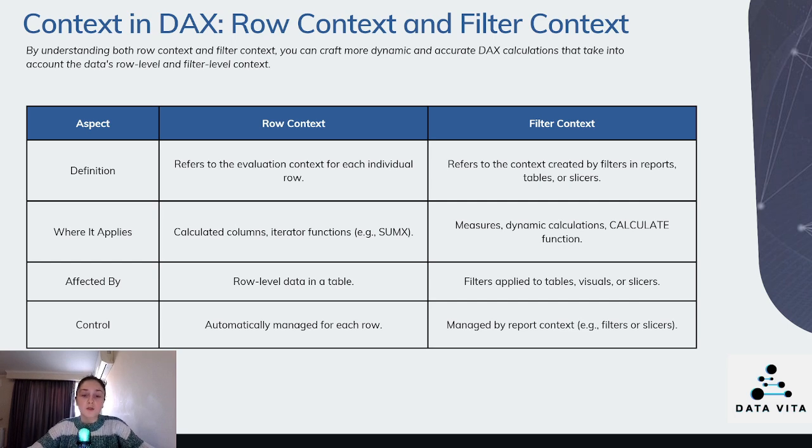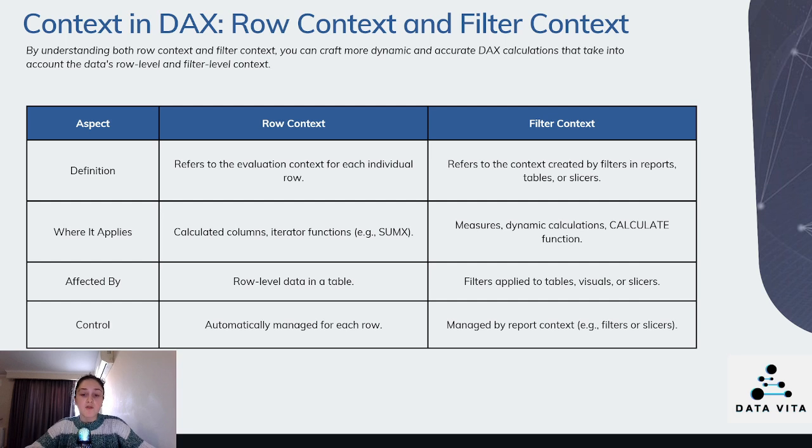It's used when working with calculated columns and iterator functions like SUMX. Row context allows you to perform calculations on a per row basis, which means each row is evaluated identically based on its data. The context is automatically managed for each row and does not require additional management from users.